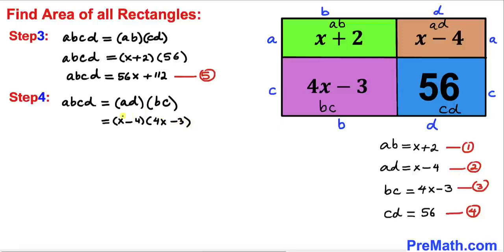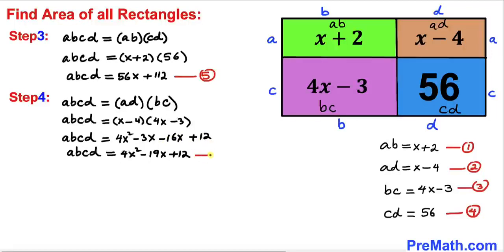Now let's do the double distribution. We are going to multiply them, so that is going to give us 4x squared minus 3x minus 16x plus 12. Let me call this our equation 6.